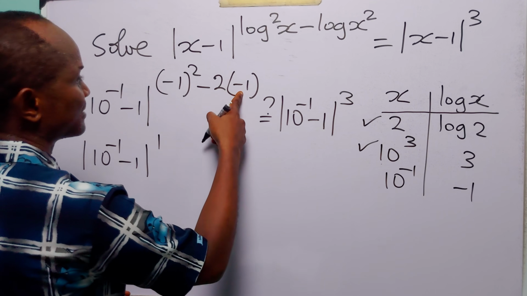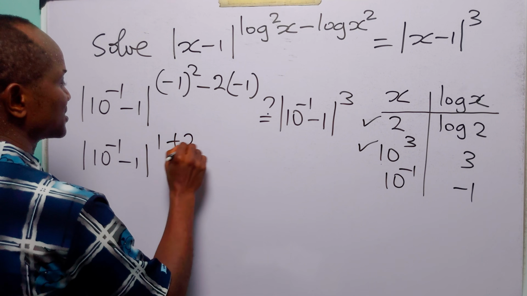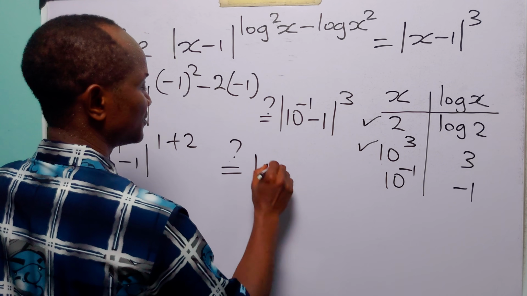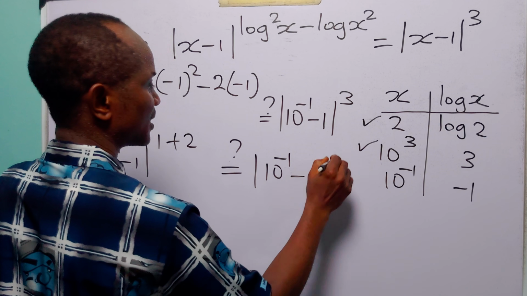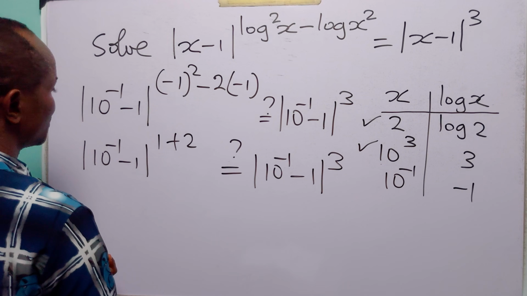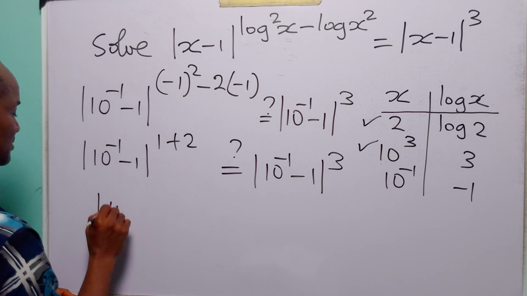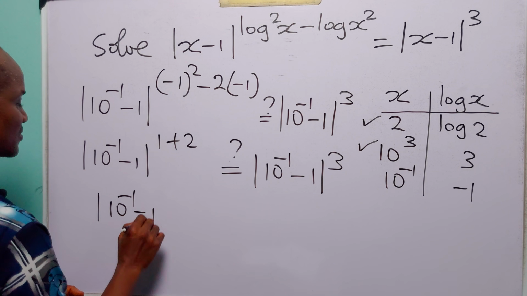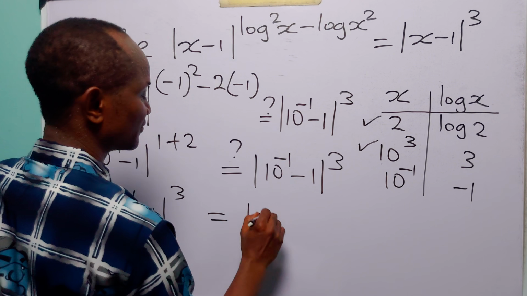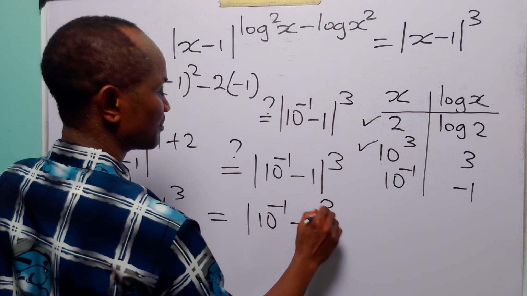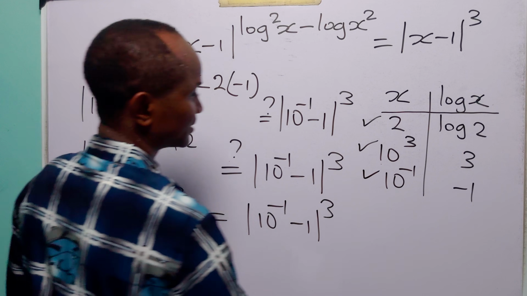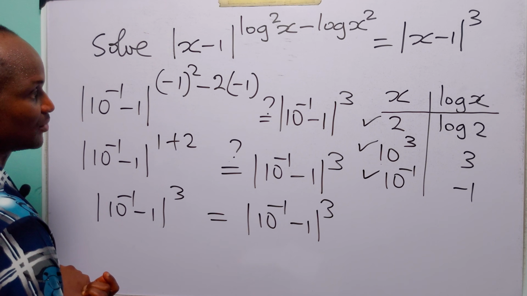Minus 2 times minus 1 is plus 2. 1 plus 2 is equal to 3. So the absolute value of 10 to the power minus 1 minus 1 to the power 3 is equal to the absolute value of 10 to the power minus 1 minus 1 to the power 3. So the last value of x is also correct.